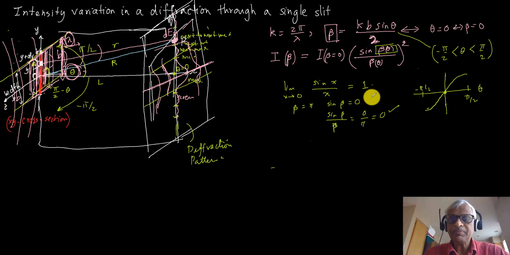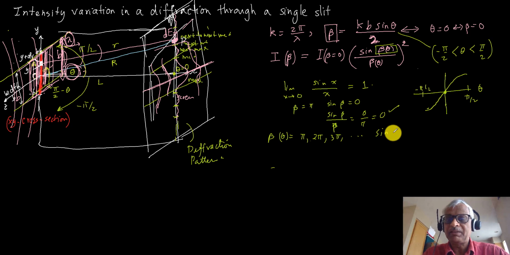So this formula tells us where the minimum will be very, very simply. Whenever beta of theta is pi, 2 pi, 3 pi, all these times, sine of beta will be 0, but beta is not 0.